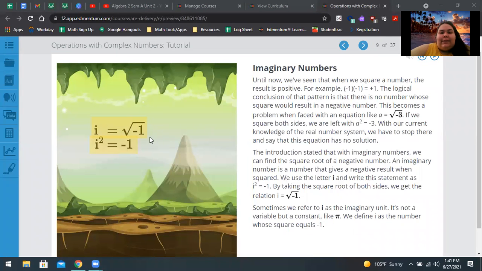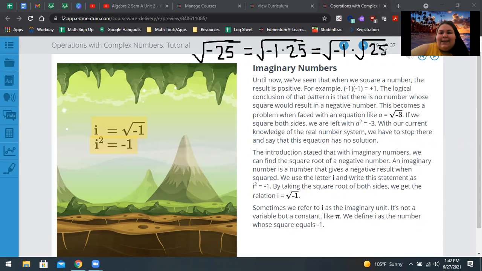So how do I relate that back to our example where we had the square root of -25? What if I rewrite the square root of -25 as the square root of -1 times 25? I'm going to break it up even more. What if I separate them, so that we take the square root of -1 times the square root of 25?